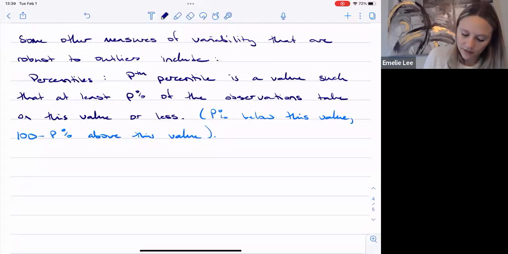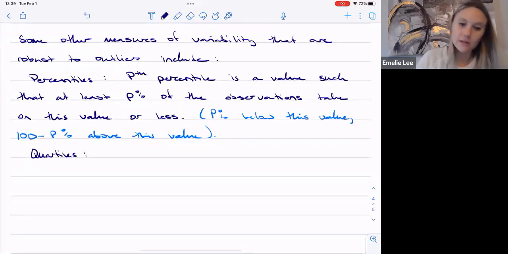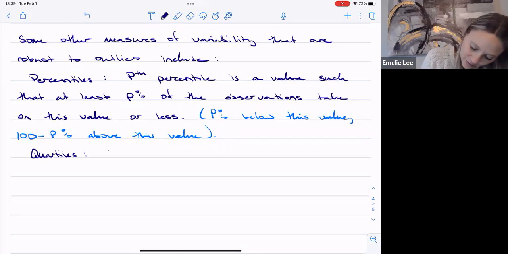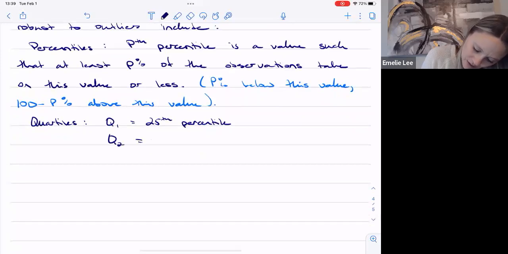Okay, so the quartiles are just special percentiles, right? It's the 25th, the 50th, and the 75th percentile, right? So Q1 is the 25th percentile. Q2 is the median, which is the 50th percentile, right?